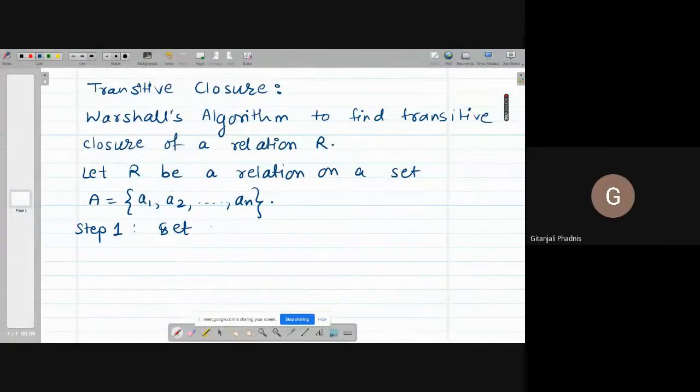Set W naught. As it is Warshall's algorithm, we will identify all the matrices by the letter W. So capital W naught you have to write. W naught is equal to MR. What is MR? The matrix of relation R. So you know how to write the matrix of the relation R now?